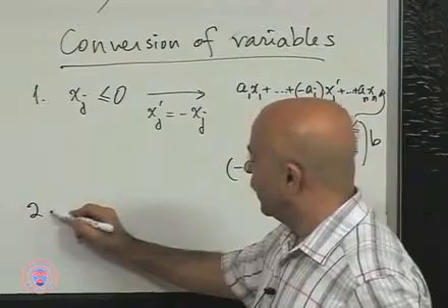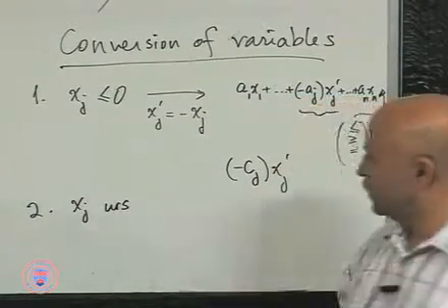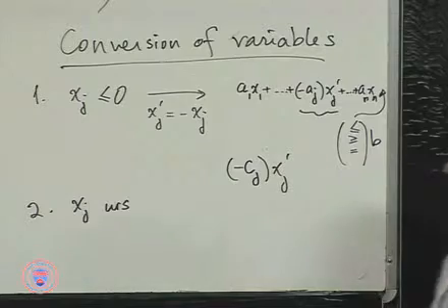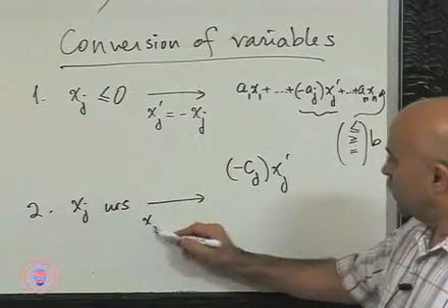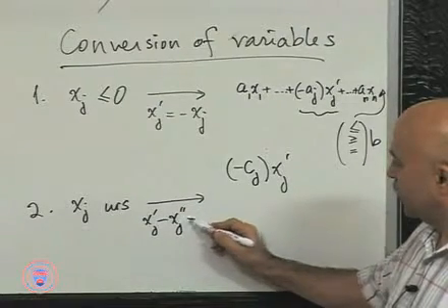Number 2, you have a variable which is unrestricted in sign, URS, as many students like to write. If this is unrestricted, you define it to be the difference of two non-negative variables.